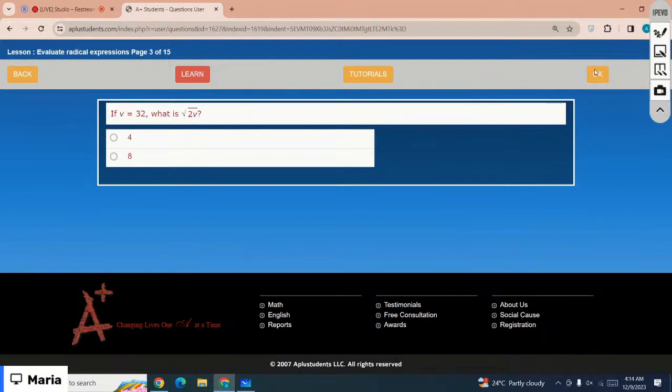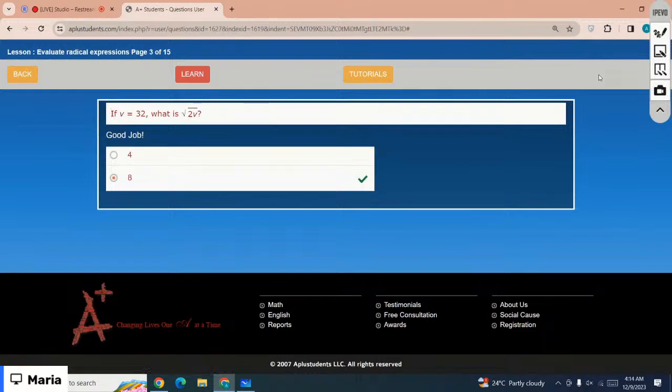Yes, 2 times 32 is 64, and square root of 64 is 8. The correct option is 8.